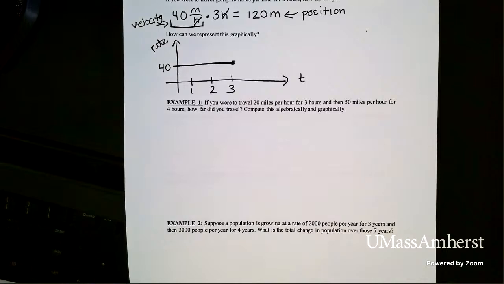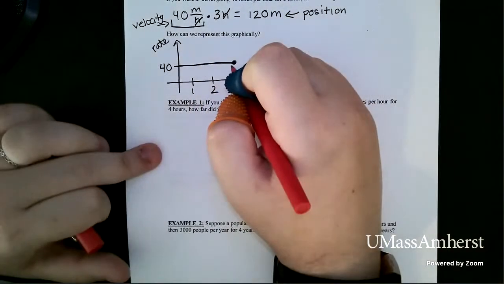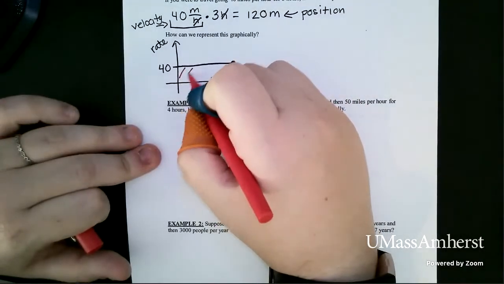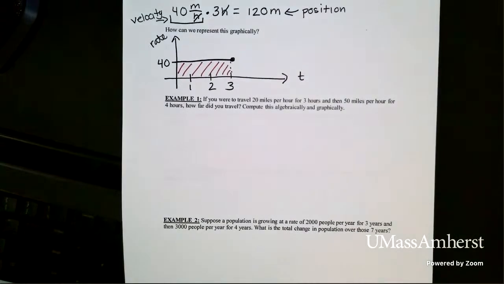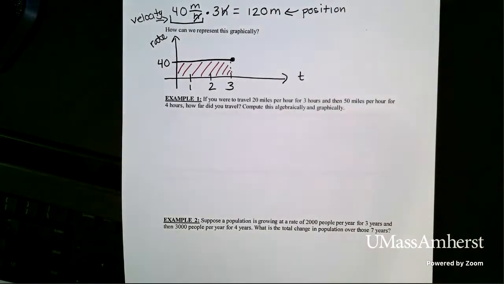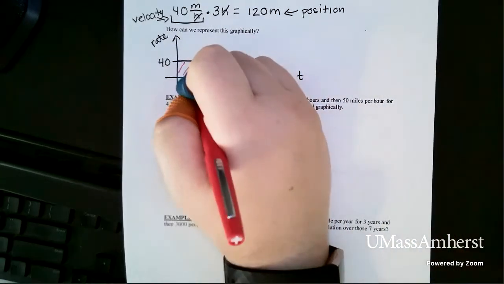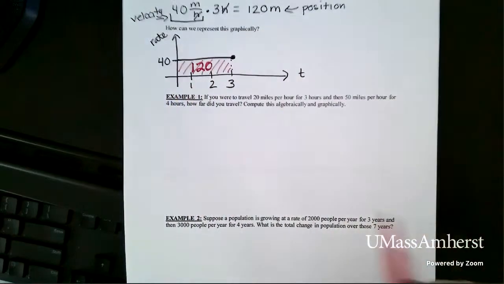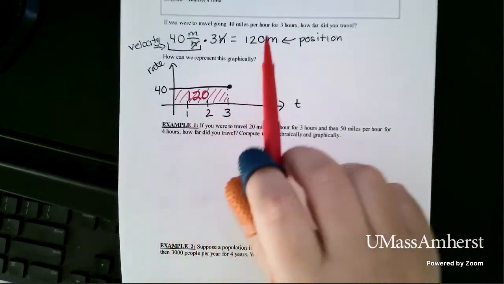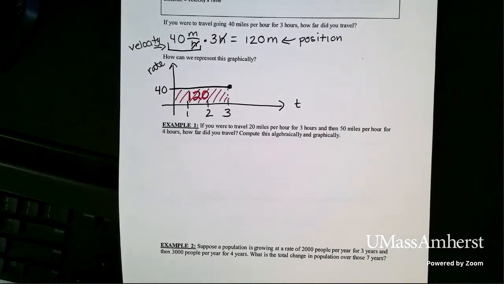When we graph the rate versus the time, it turns out that if we were to find what's called the area under the function, we can do that geometrically because we have a rectangle. So if we do 40 times 3, we get 120, which is the same as what we got up here by multiplying our rate times our time.